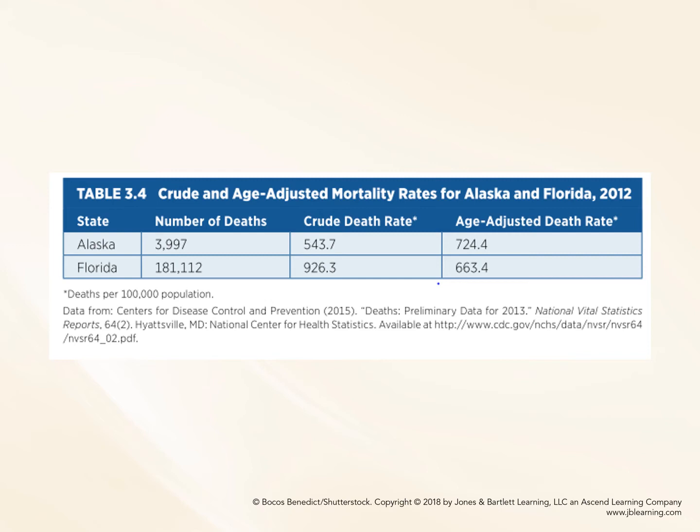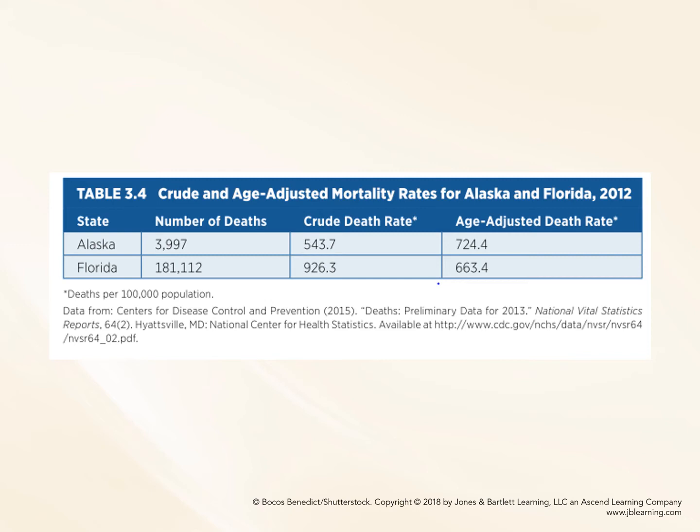For example, in 2013, because of its larger senior population, Florida had a higher crude death rate of 926.3 per 100,000, compared with Alaska's 543.7 per 100,000, where the population is younger.